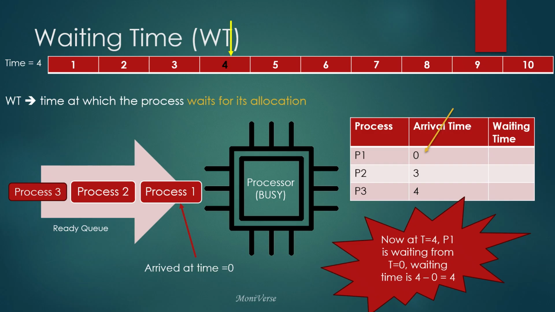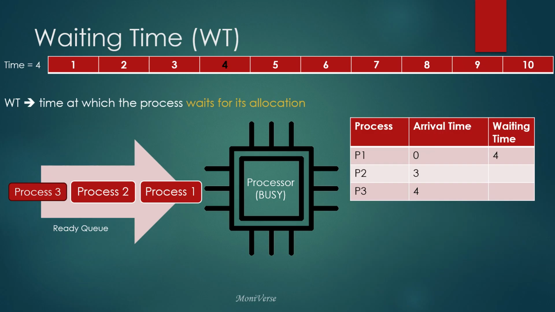Keep in mind that process 1 is not entering the processor, but we have to calculate the waiting time of process 1, process 2 and process 3 at time 4. Process 1 arrived at 0, so 4 minus 0 is 4. The waiting time of process 1 is 4.